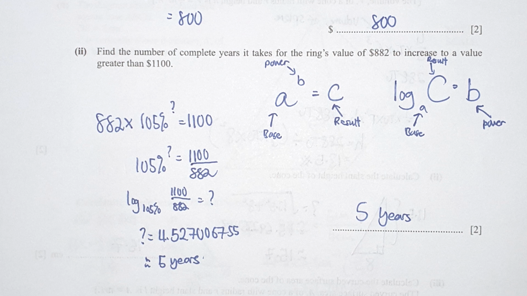To identify your power here, you're required to put your base at the lower section of the logarithm and the result as the value inside the bracket. So I then arrange the results into log with a base of 105%, and your result here is 1100 over 882 equals your power, which is the number of years.